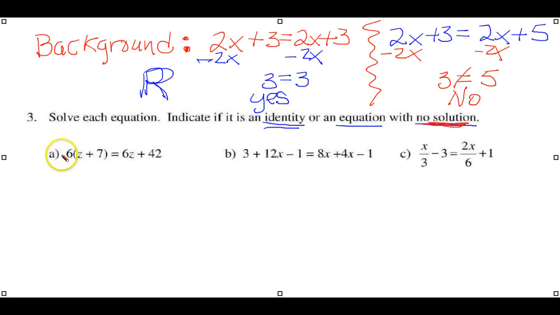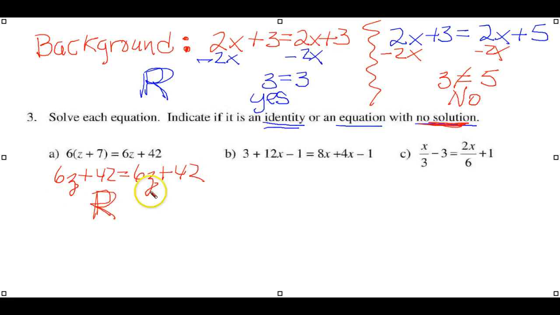Now, as you do these, again, you don't know whether they're identities or whether there's no solution. You have to kind of put it into a recognizable form. So this will be 6z as we distribute plus 42 equals 6z plus 42. Oh, well, this one's jumping out at us, and we don't have to go beyond this. You could subtract out the 6z's, but this is an identity, so it's all real numbers.